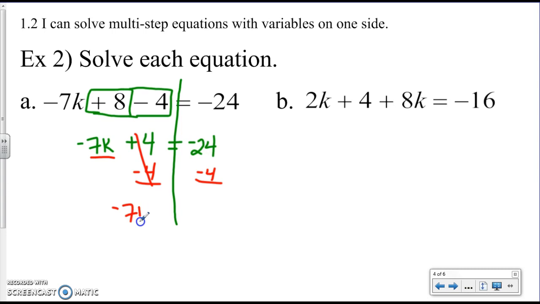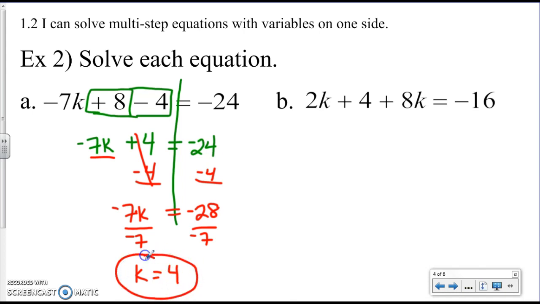So that leaves me with my -7k equals, and then -24 minus 4 is -28. Okay, one more step, just like I talked about, that -7 and the k are right next to each other. So to solve for k, we have to divide by -7 on both sides. So -28 divided by -7 is +4. Okay, watch your signs, check your work, it should be good.